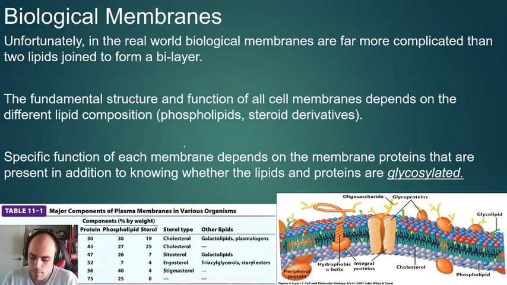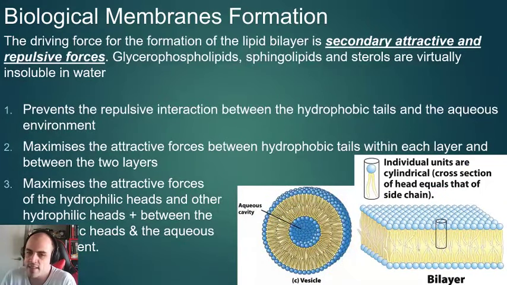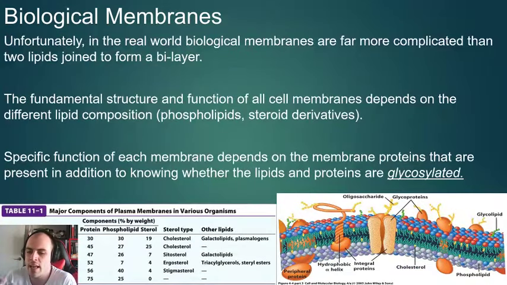Okay, now, as nice as it is to go, yes, this is our membrane, and that's all you need to know, job done. Unfortunately, again, it is a lot more complicated than that. So in the real world, biological membranes are composed of different types of lipids in various compositions.